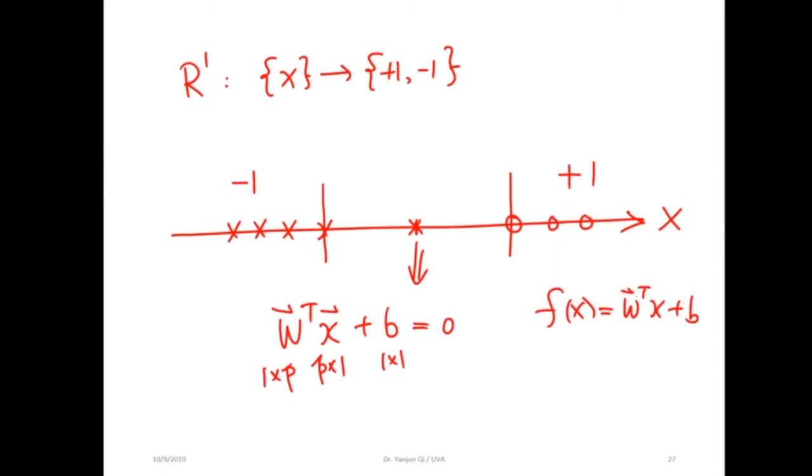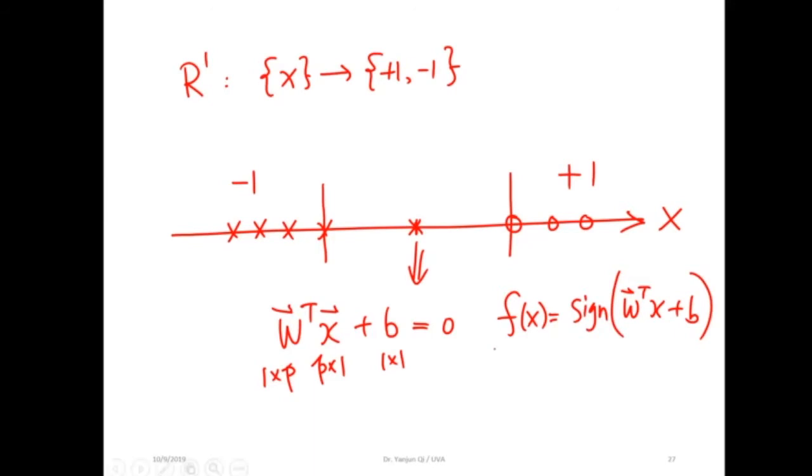If it's larger than 0, I'm going to predict it as +1. If it's smaller than 0, I'm going to predict it as -1. That's exactly the decision boundary function, right? So f(x) equals sign, which is my decision function.